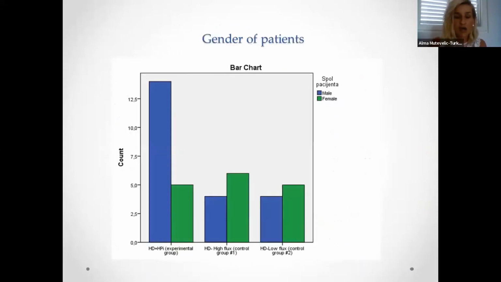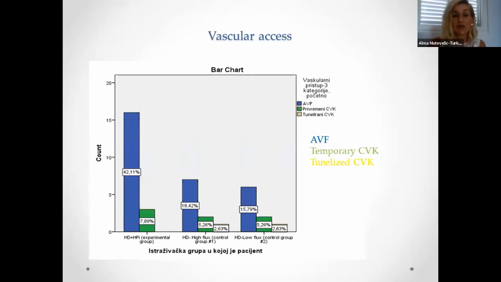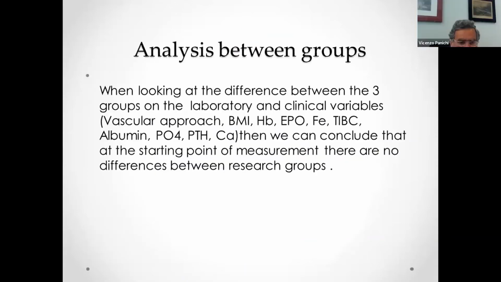Also, here are listed some graphics that show the gender of patients, which we can see were mostly male. We can also see the BMI characteristics of those patients, and we can see the vascular access in the patients that we included in the study. So, as I said earlier, we analyzed the clinical, laboratory, and sociodemographic data before introducing the HP method to them.